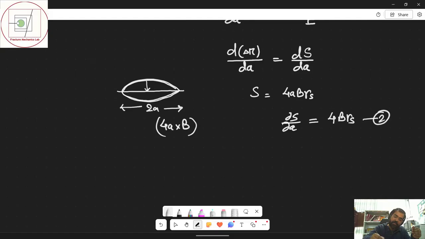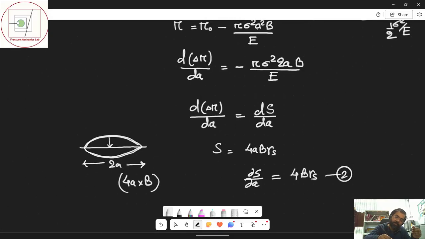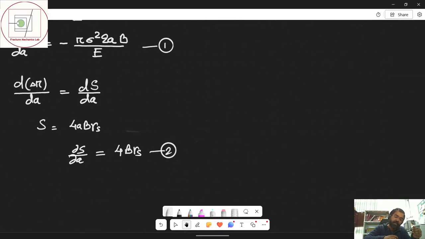So this must be equal to this, and then we have 4b gamma s equals pi sigma square 2a b by E, and I'm taking only the magnitude.